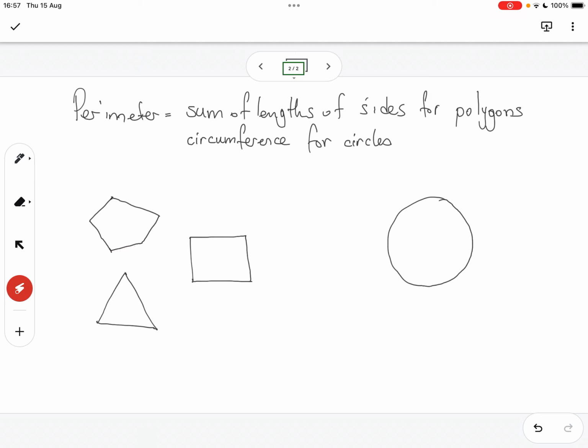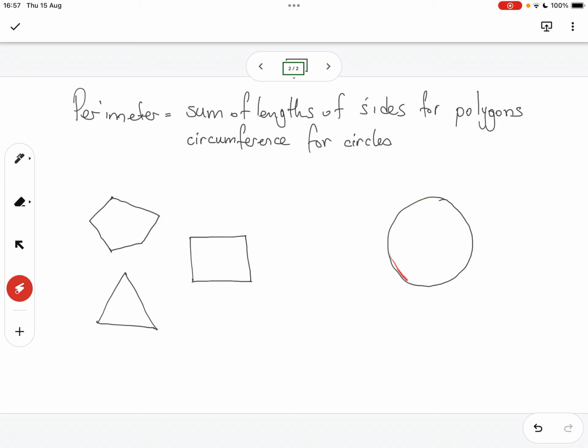Now with a circle, it's called circumference. So this part of the word circumference simply tells you that you will be going around in a circle. So the word circle also has its root there, right? And it's the distance you would walk if you were to go around.